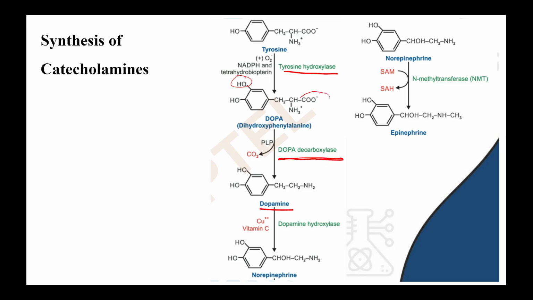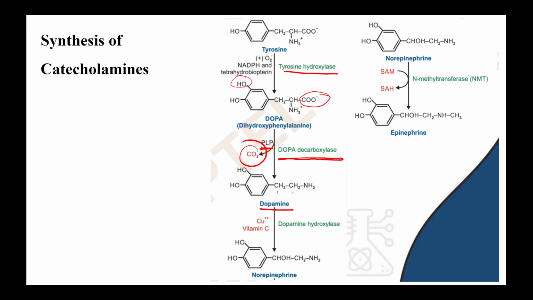So carbon dioxide is removed. A decarboxylation reaction occurs. The cofactor for this enzyme is PLP. So we are just left with CH2, CH2, NH2, and this molecule is called dopamine.